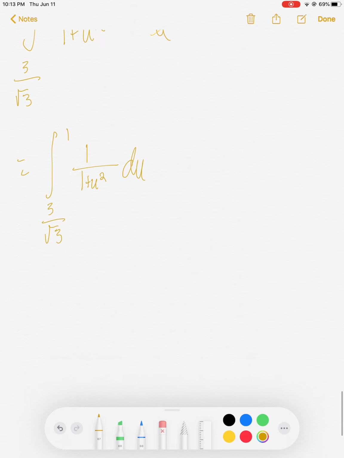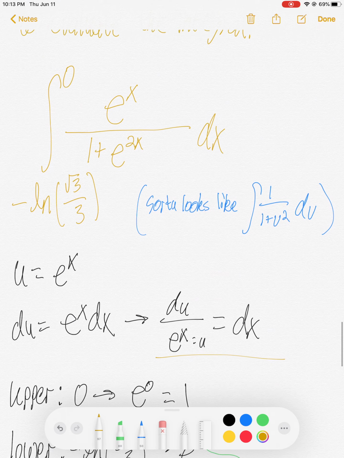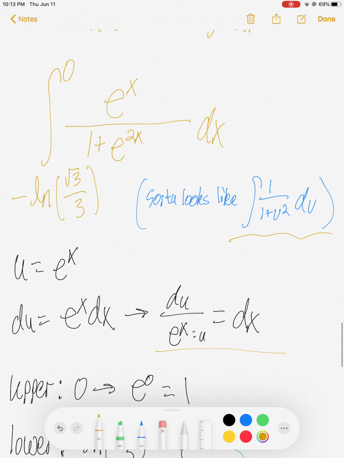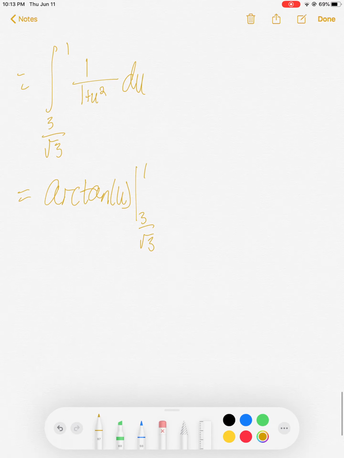And now this becomes the integral from 3 over root 3 to 1. Well, would you look at that? I've got canceling u's. And so I just have 1 over 1 plus u squared. That looks like a w, but it's a u. 1 plus u squared du.